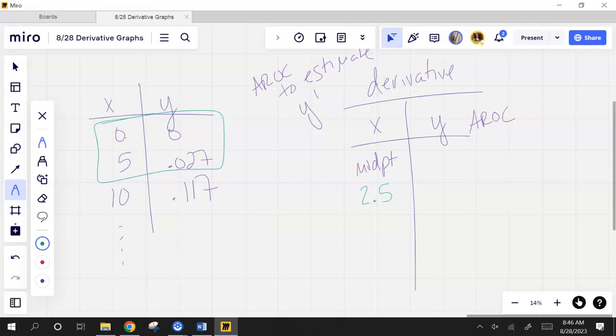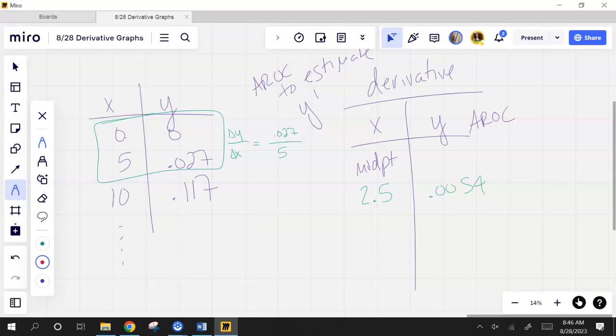If I do AROC between just these two, I'd have 0.027 over 5, which would be what? 0.0054.